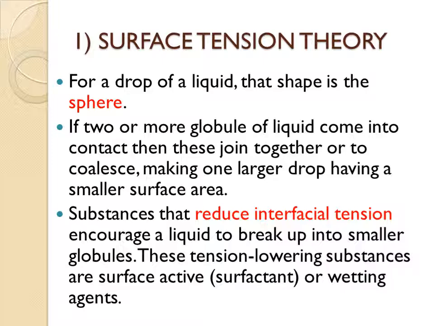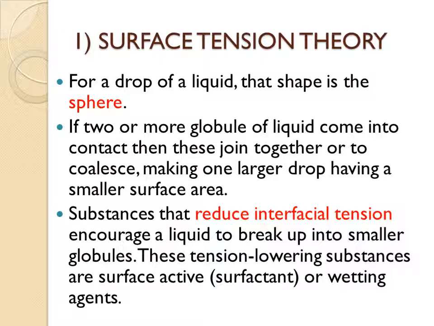The first point is that whenever oil is dispersed into water, or any liquid is dispersed into another liquid, they form spherical globules or droplets. This spherical shape is obtained because a sphere has the minimum surface area compared to any other shape. Second, the cohesive forces are very strong.